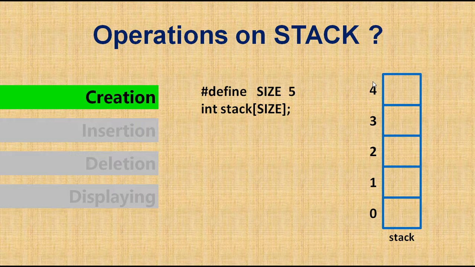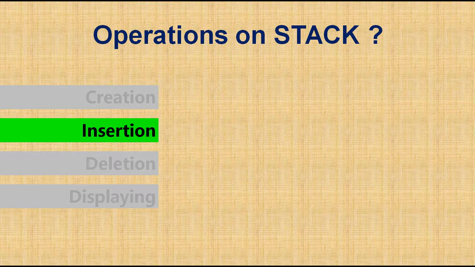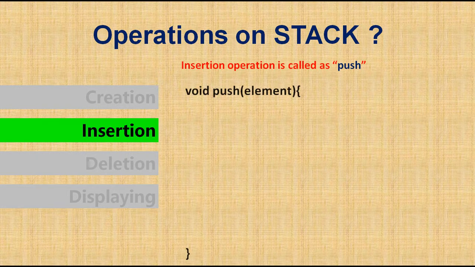Now the second operation: I want to perform the insert operation on this stack. This insert operation is formally known as the push operation, using the push keyword. This is my push method, and here I am passing the element which I want to insert in the stack. First it checks whether the stack is full or not.